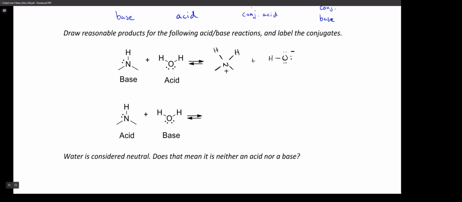This guy right here looks kind of messy, so I'm going to write in CH3. Not required, but I think it looks better. This would be the conjugate, which? Conjugate acid or conjugate base? Acid. That's the conjugate acid. And then the hydroxide is the conjugate base.